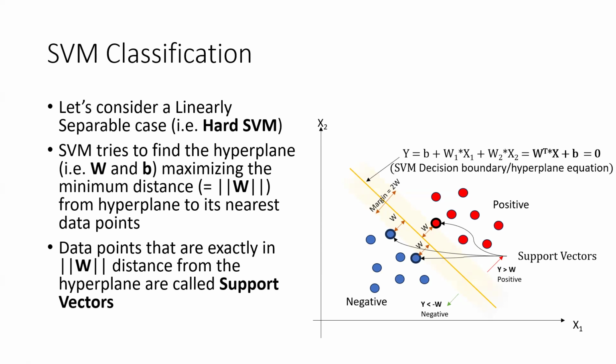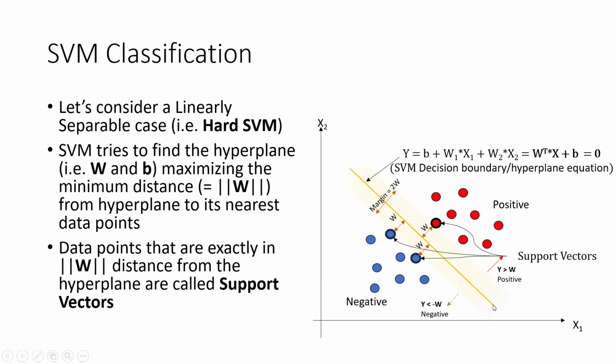And with SVM also, we can have a similar representation where this linear equation is represented as W transpose times X plus b equals 0, which is the vectorized format.